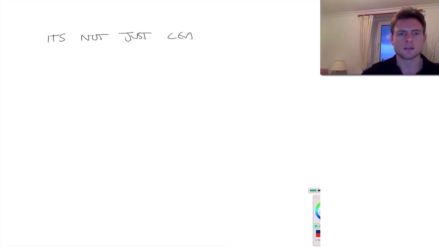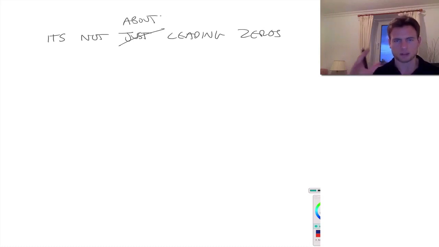I'm just going to write it here. So it's not just leading zeros, or in fact, let's just say it's not about leading zeros. So just internalize that in your head. It's not about leading zeros. It's ultimately about target.